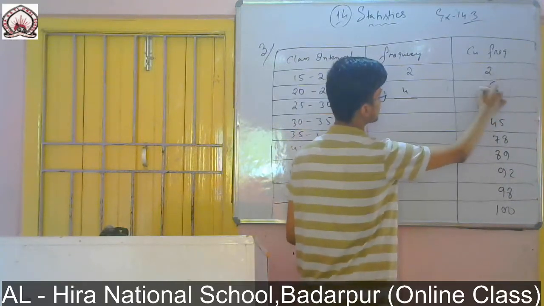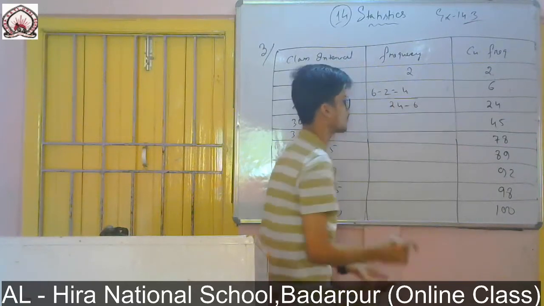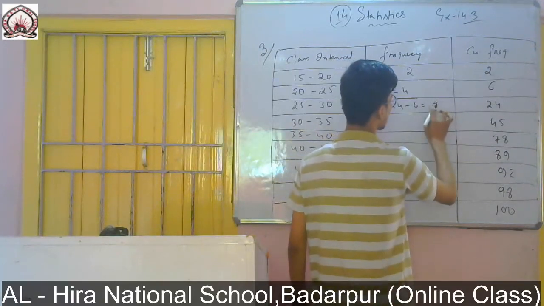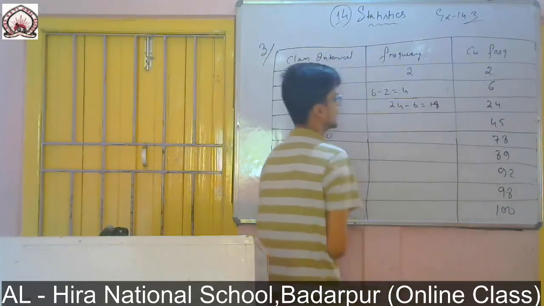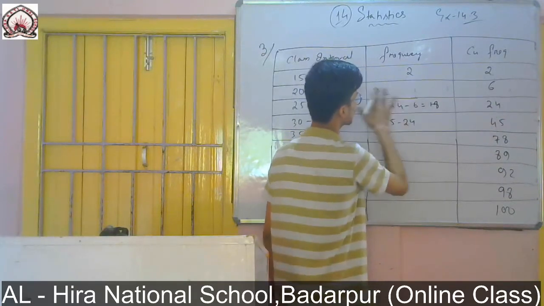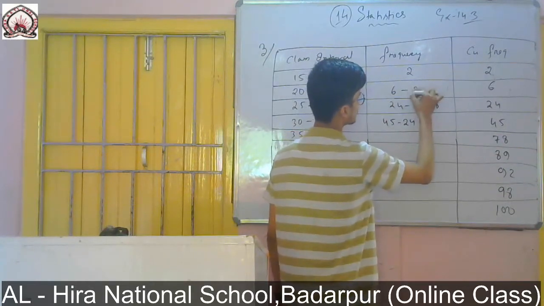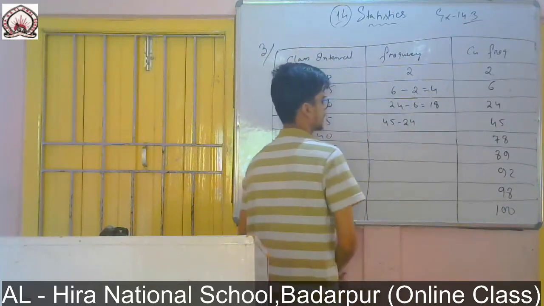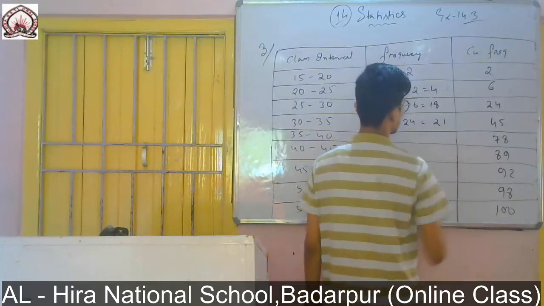Then from 24 I will subtract 6. 24 minus 6, this one minus that one, it will be 18. Then 45 minus 24, you write it in the same way: 6 minus 2 is equal to 4, then 24 minus 6 is 18, then 45 minus 24, 5 minus 4 is 1, 4 minus 2 is 2, so 21.